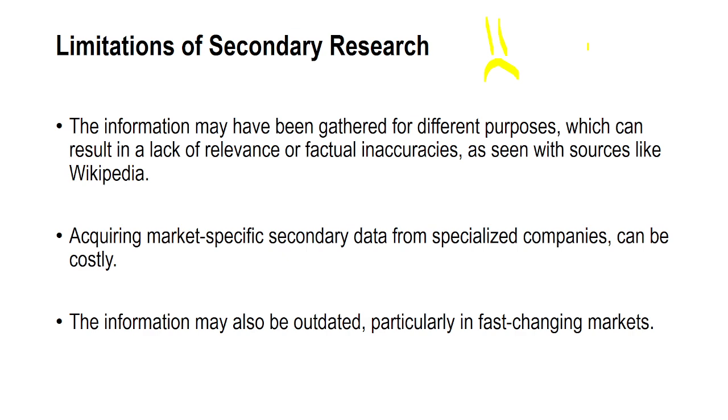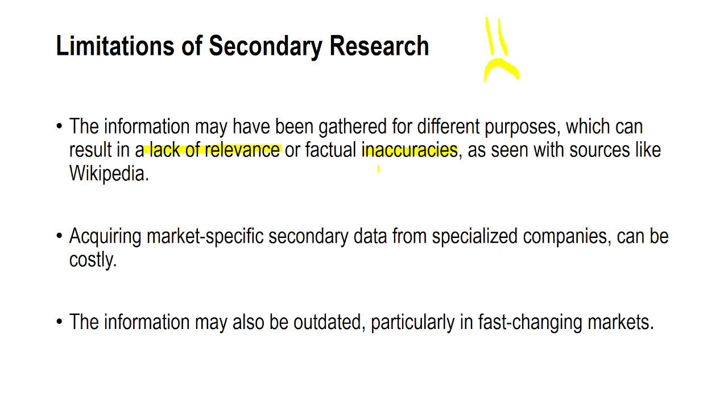The information may have been gathered for different purposes, which can result in a lack of relevance or factual inaccuracies, as seen with sources like Wikipedia. So, relevance: secondary data may have been collected for purposes other than the specific needs of the current research, and this can lead to information that is not directly relevant or applicable to the new context.